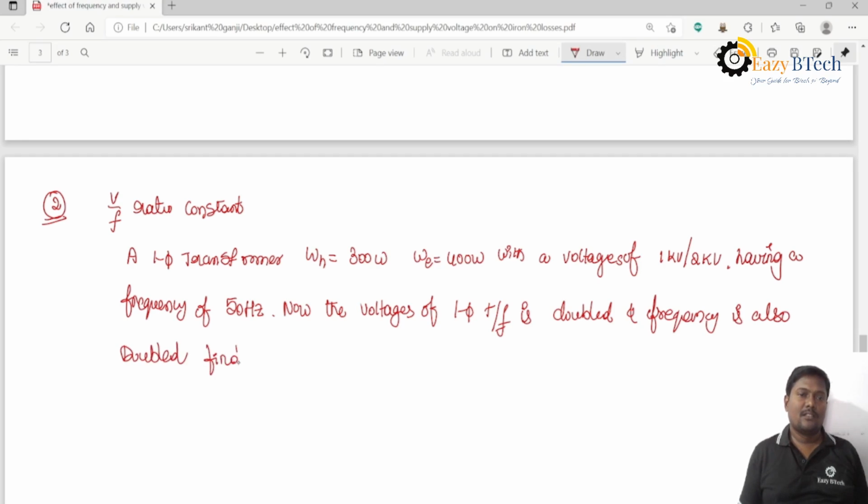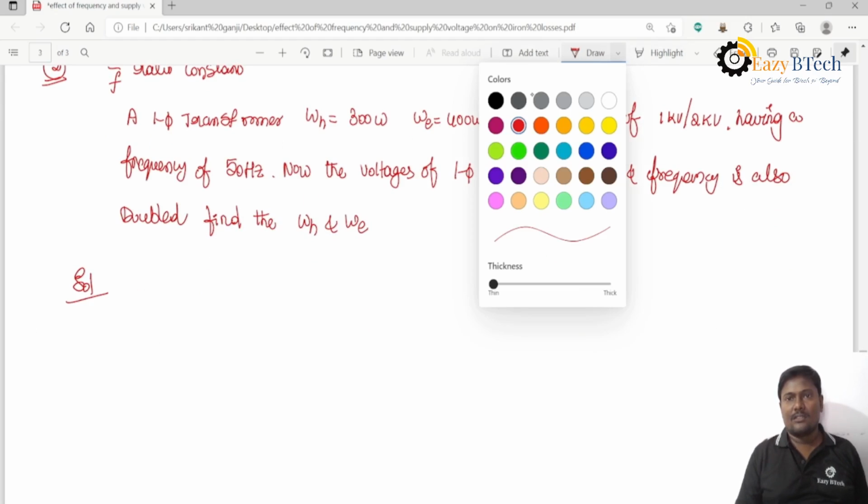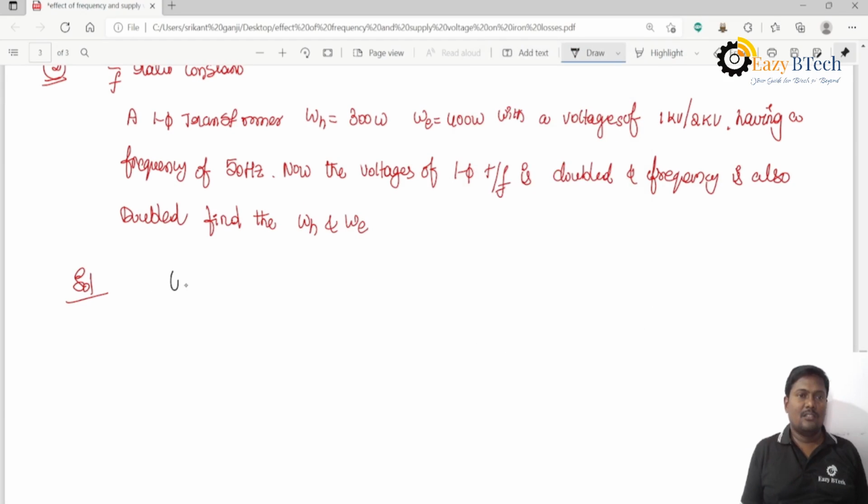Find the hysteresis loss and eddy current losses. So what is the equation for this one? The hysteresis loss is directly proportional to F and the eddy current loss is directly proportional to F square. Check that V by F ratio is constant or not.